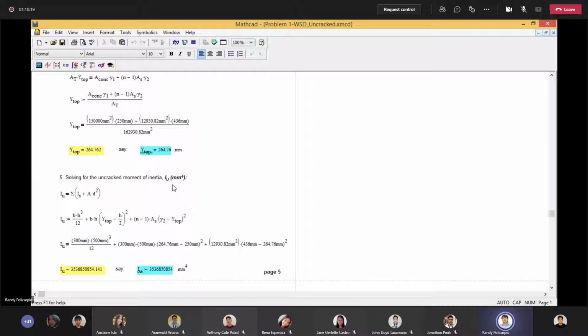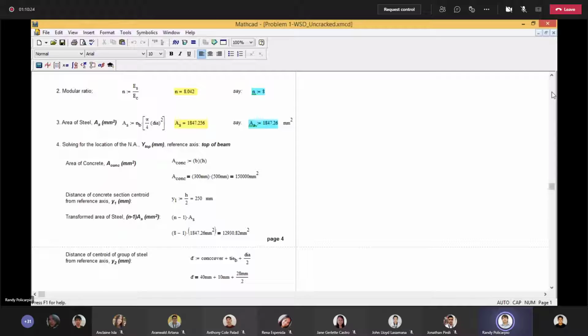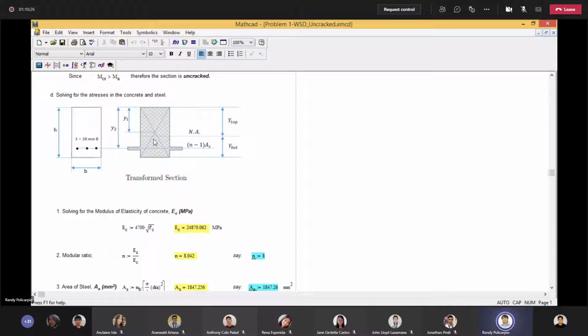So we will refer from the neutral axis. Okay, so since the concrete, which is the rectangle, the centroid of this rectangle does not coincide with the location of the neutral axis, we're going to use the transfer formula in solving for the moment of inertia with respect to the neutral axis, no?